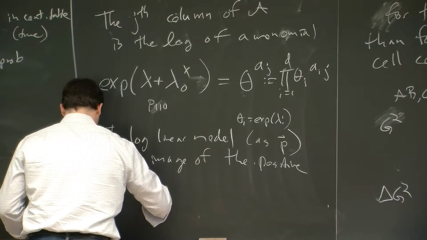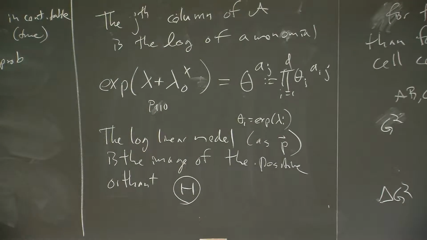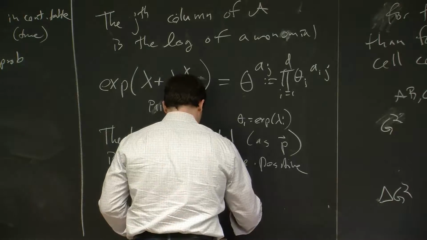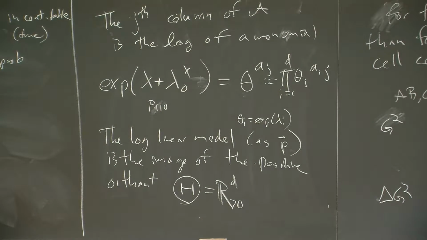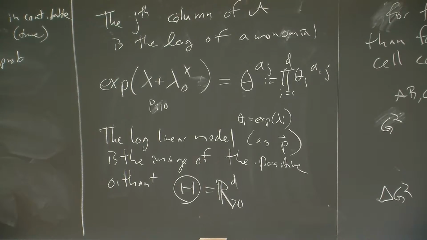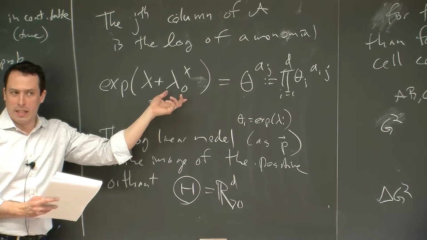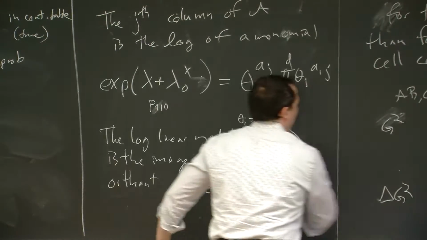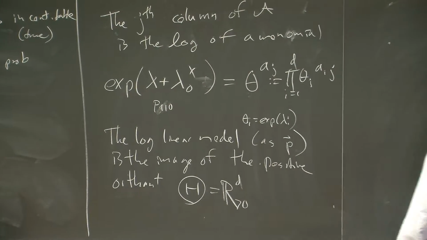So I could think about a parameter space that's exponentiated, not the log parameter space, which is real numbers: strictly positive real numbers. This is just e to each of these things, which I multiply together in order to get a probability. And then I have applied some map, which is described by this table A.